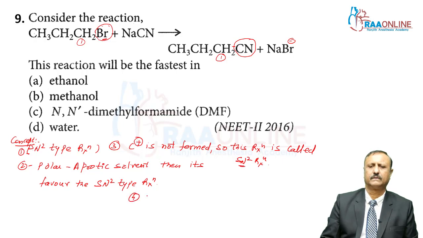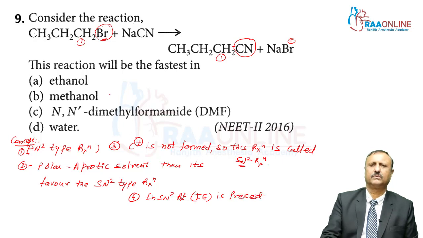4th point, in SN2 reaction, a transition state is present. Here, my dear students, in this question, you can see the transition state because this cyanide ion first of all attacks on this carbon.